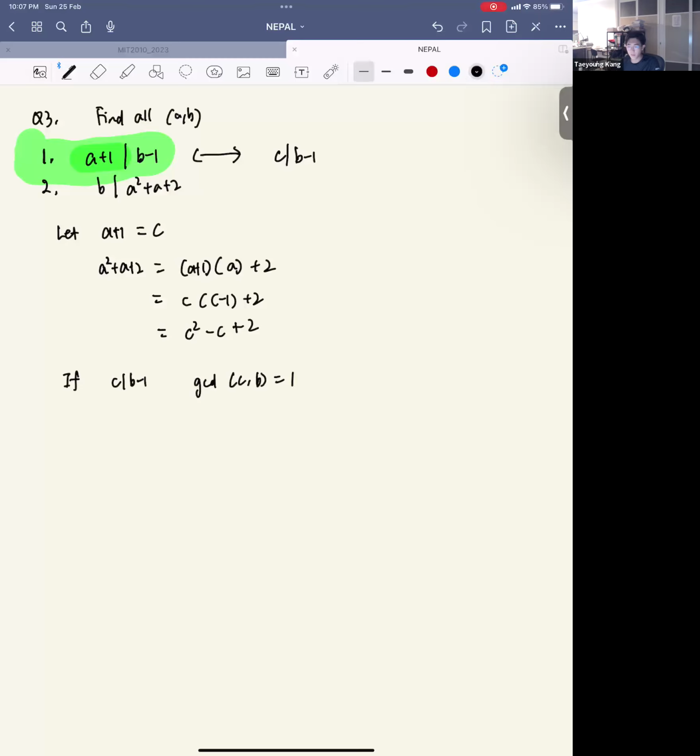And this is exactly because GCD of C and B is equal to GCD of C, B minus (B minus 1). And this is because by the Euclidean algorithm, since C divides B minus 1, B minus 1 is a multiple of C, and you're able to subtract multiples of C from B, right? And this just gives us GCD of C and 1, which is equal to 1, which basically explains why it's coprime.